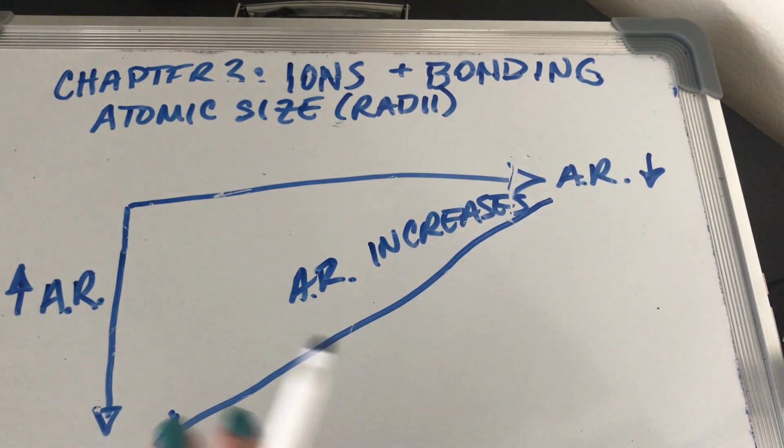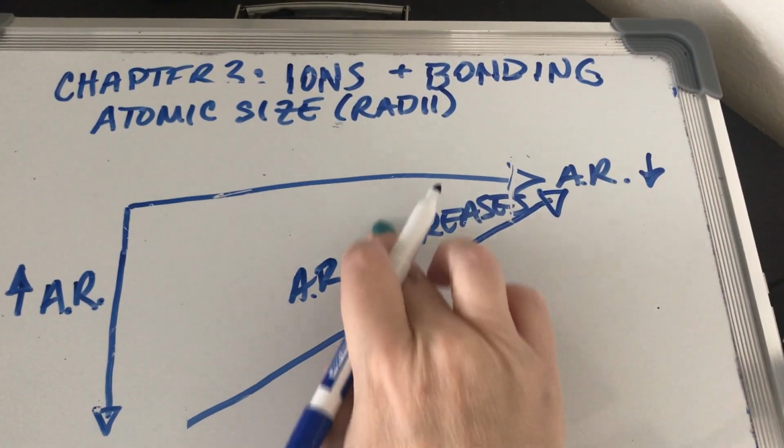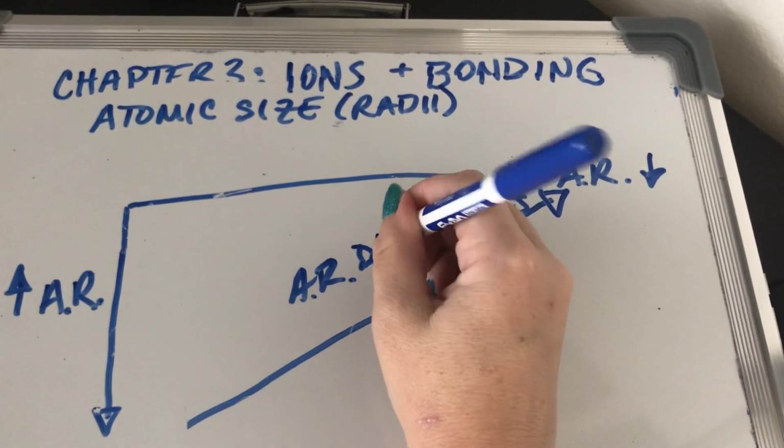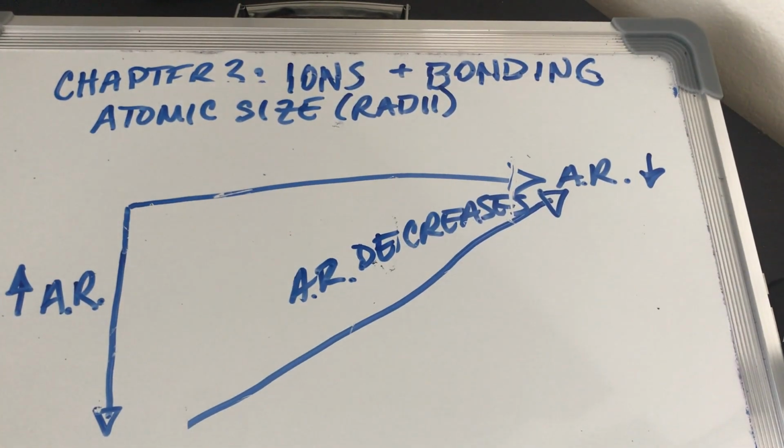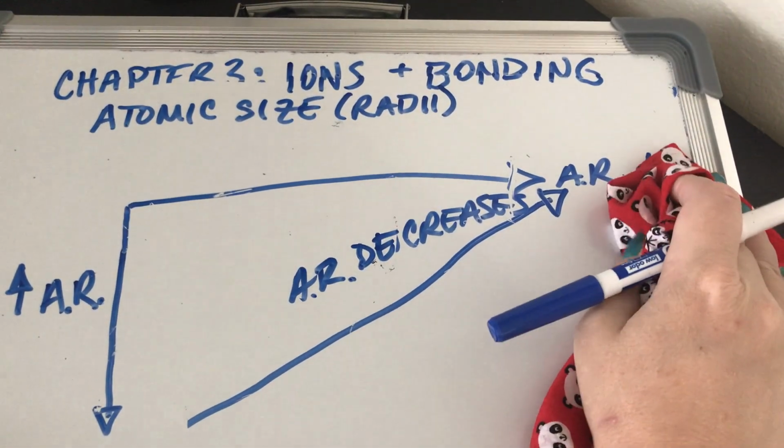You could also think of this if you want to change the direction of the arrow as decreasing. Yep, that's fine. Either way, those mean the same thing. So whatever makes more sense to you, right? Cool. So the last one that we want to talk about is what's known as metallic characteristic.